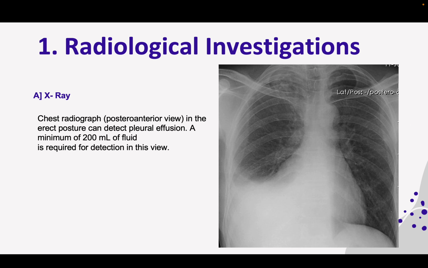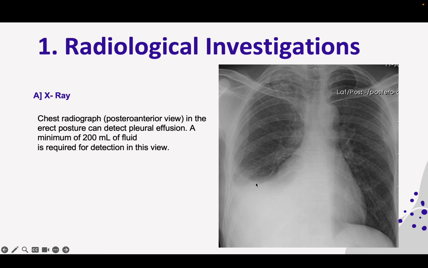Here is the radiological investigation, and I think this one is the meniscus sign. So I think there is a possibility of fluid collection on the right side of the thorax, and a minimum of 200 milliliters of fluid is required for detection in this view.